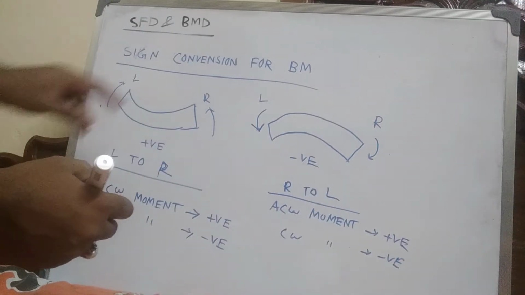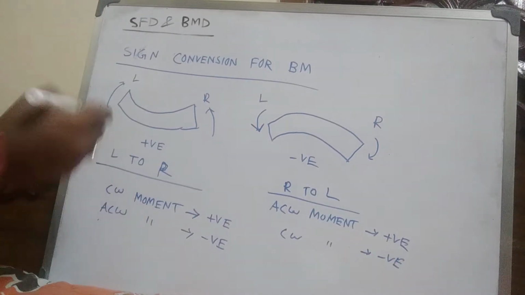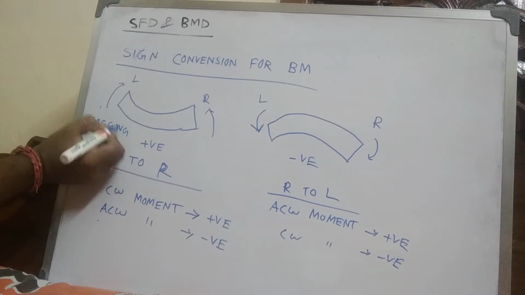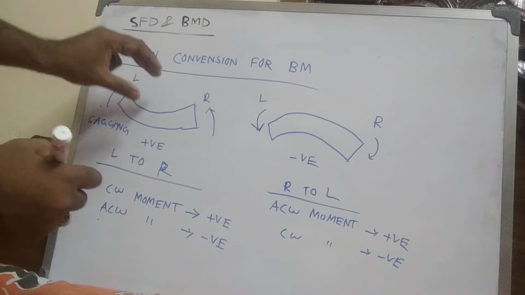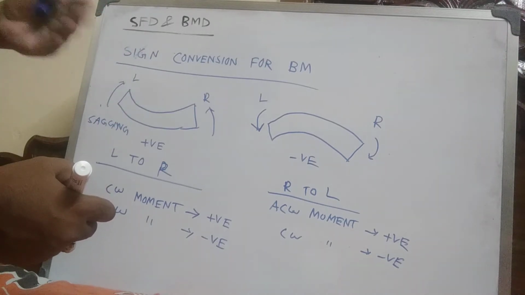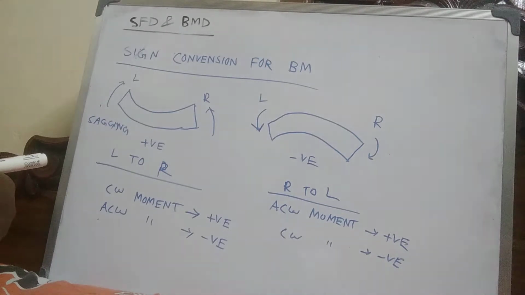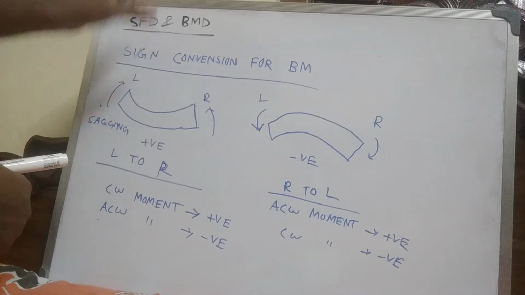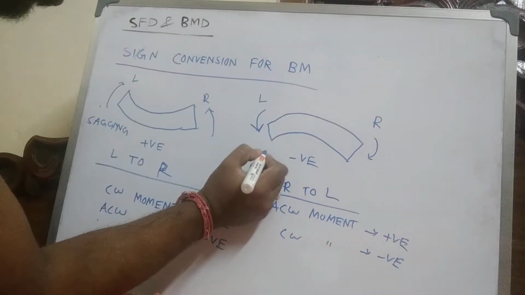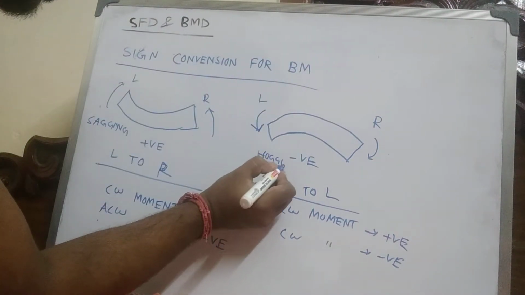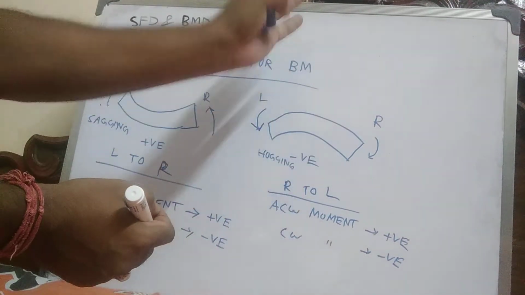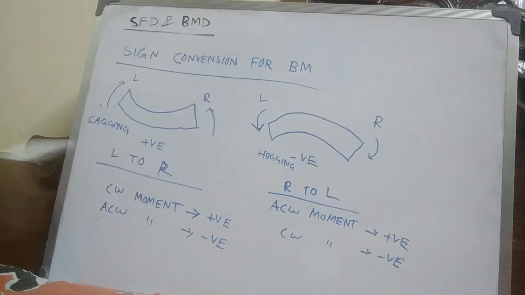And in the case of sagging, the center of curvature is in the positive y direction, and this is hogging, center of curvature in the negative y direction.